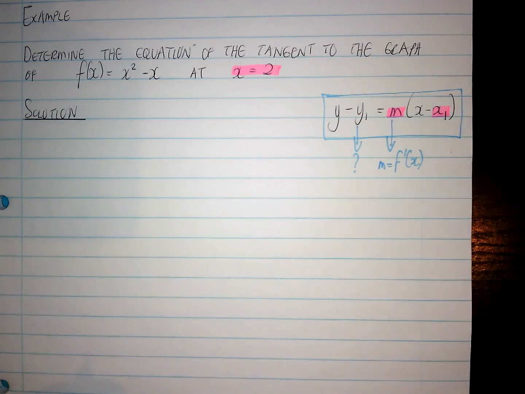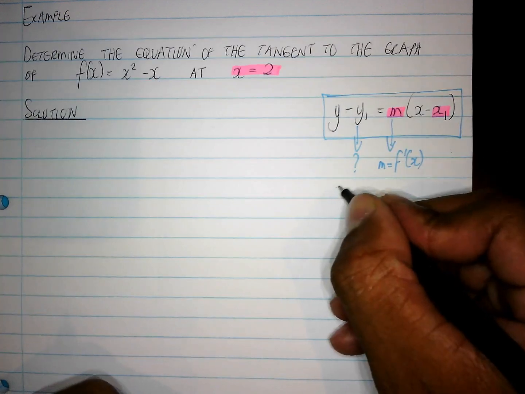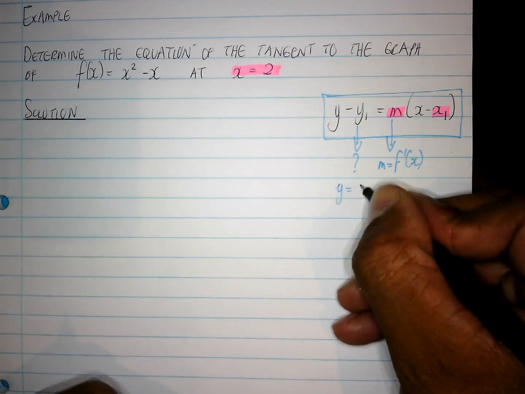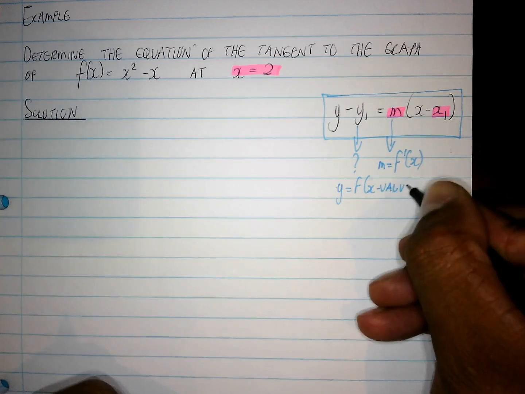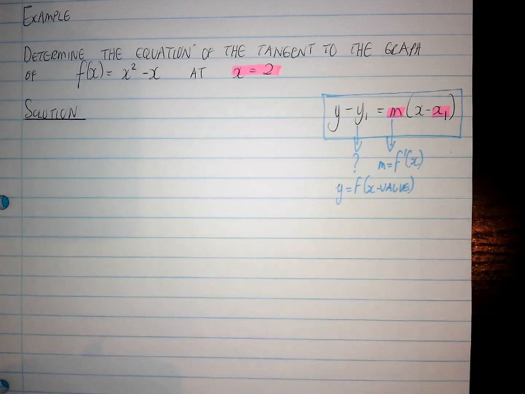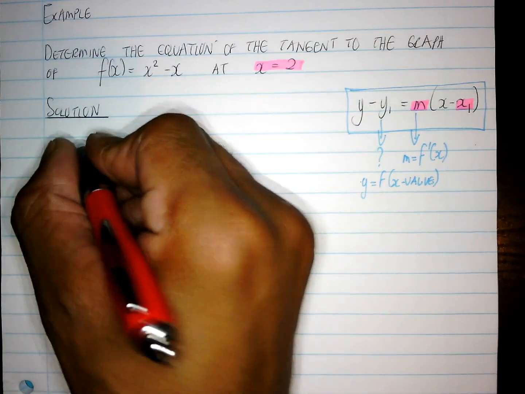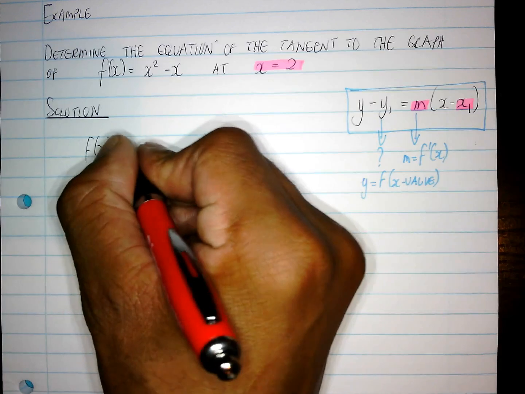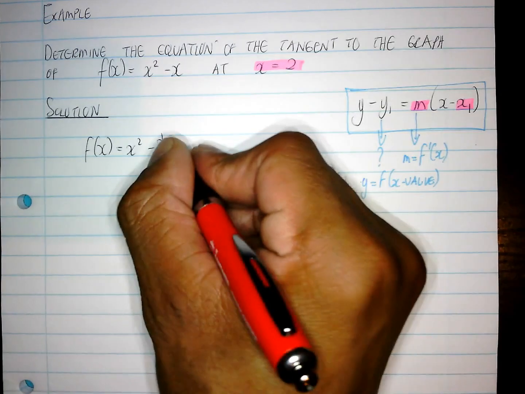Remember, to calculate y we just say y equals f of the x value, meaning we substitute the value of x. So the solution here uses our equation f of x equals x squared minus x.